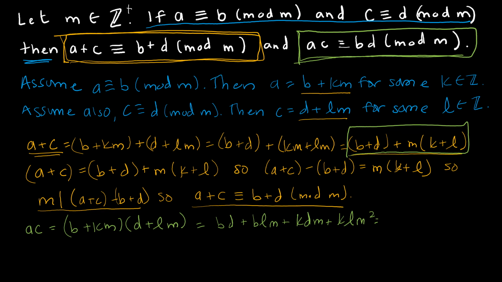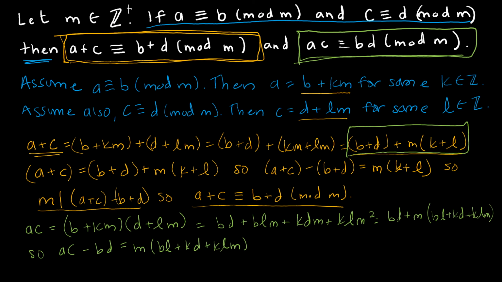Well, I can say that this is BD plus M times BL plus KD plus KLM. So what does that tell me? A times C minus B times D is equal to M times all of that, BL plus KD plus KLM.